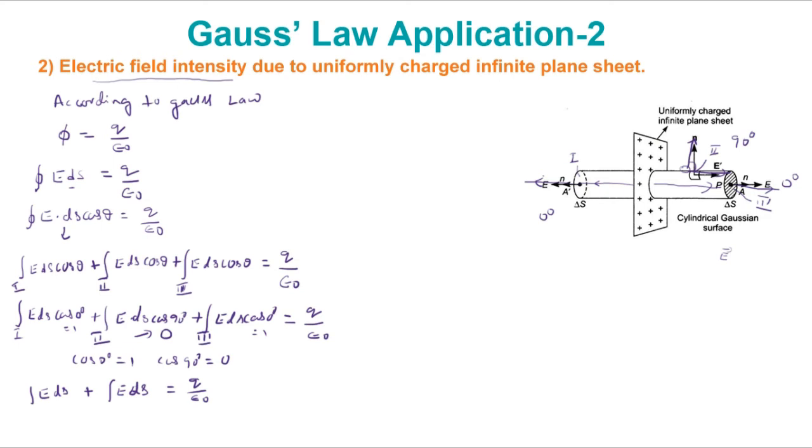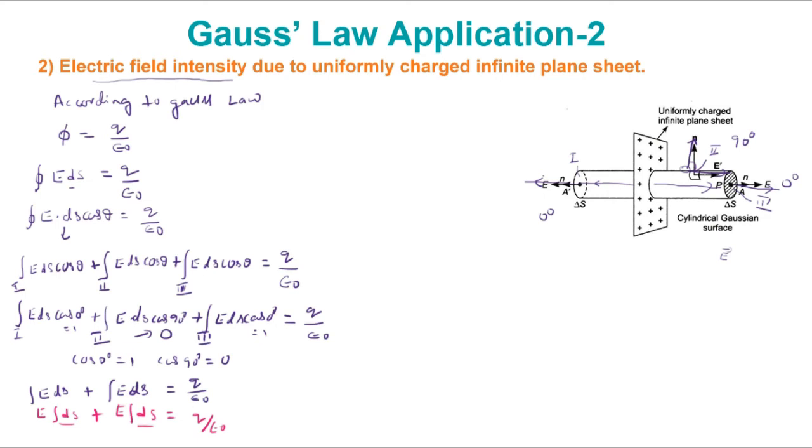Now you take the E outside. E is outside, the dS is inside. Same way here, E outside, integration of dS, which is equal to Q by epsilon naught. Then integration of dS is S here, and S here also.